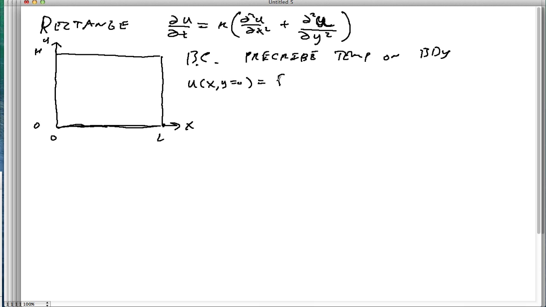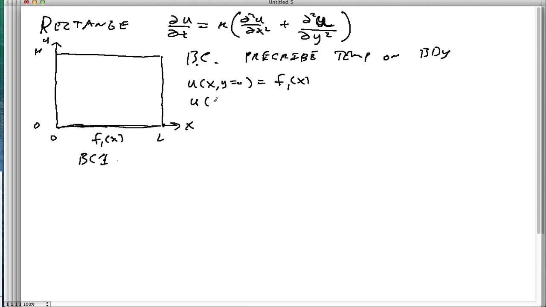Now we're going to call that f1 of x. So we'll put that down there, f1 of x. Okay, and now I can call this BC 1. And now, so that's one of the boundary conditions. Now we've got 3 more.